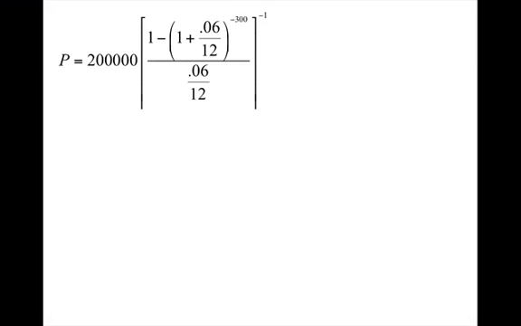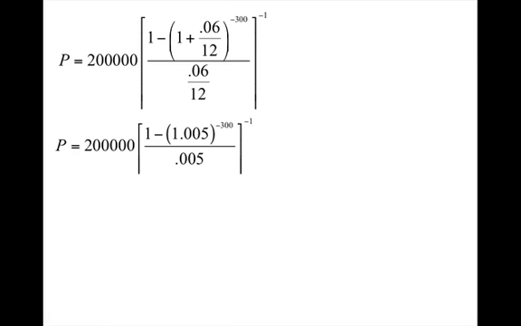So just to write a few of these steps on paper, first we said 1 plus 0.06 divided by 12, and that gave us 1.005. Now since that came out to an even decimal, I know the 0.06 divided by 12 was 0.005, and that's what I've typed on my computer screen.